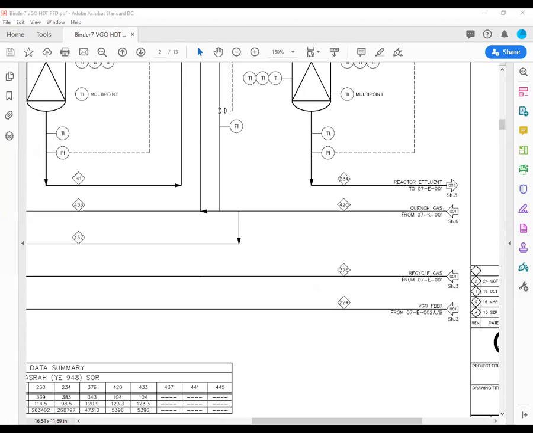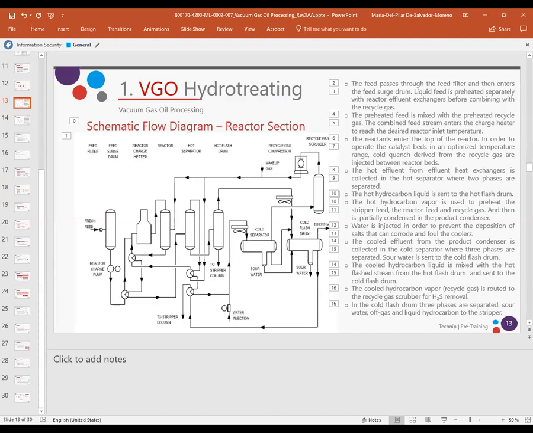No, because we have two separators in the process flow diagram. In the first separator, mainly hydrogen goes, and in the second will be the lighter components that will be separated from the recycled gas. I think if you show the PFD, maybe it will become easier to understand.